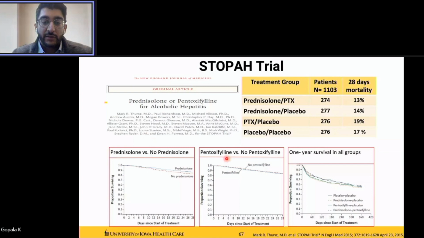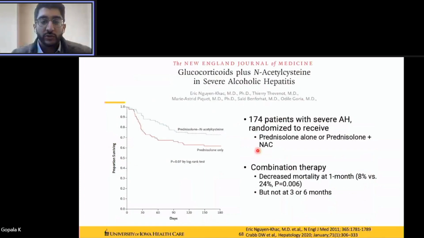Pentoxifylline has not been shown to be beneficial and has not shown any survival benefit alone or in combination with corticosteroids. It has been shown to be beneficial with HRS, or hepatorenal syndrome. In terms of glucocorticosteroids plus NAC, N-acetylcysteine, it can be used in severe alcoholic hepatitis.